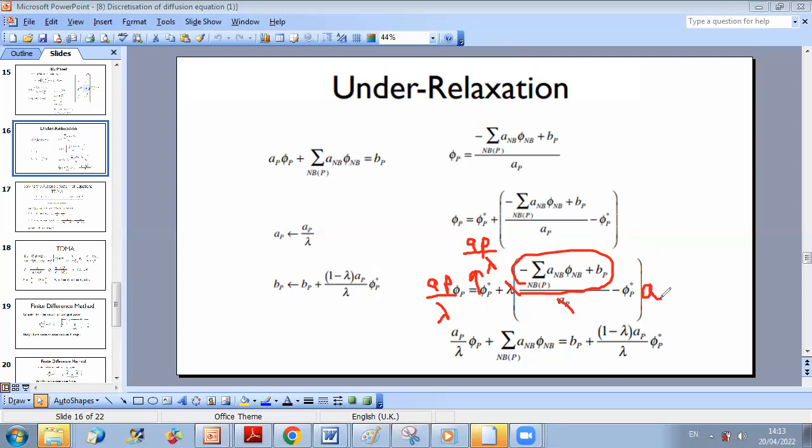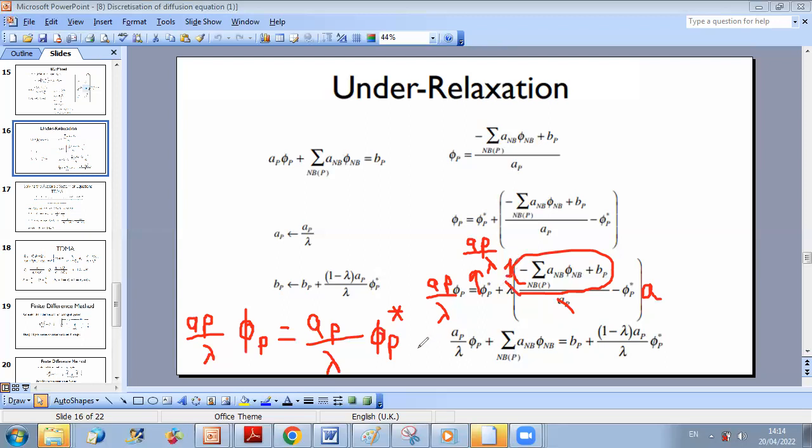So now if I rewrite my equation, I have AP over lambda times phi p equals AP over lambda times phi old. For the old value we put a star; this symbol star means the old value of phi p. Plus this term: because we multiplied by AP over lambda and it was already times lambda over AP, its coefficient became 1.